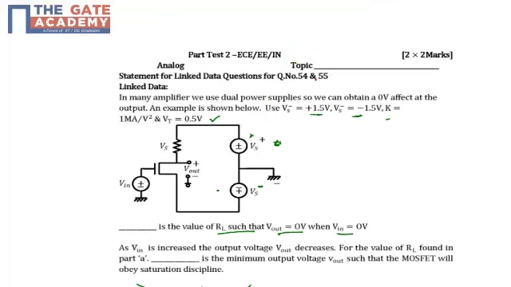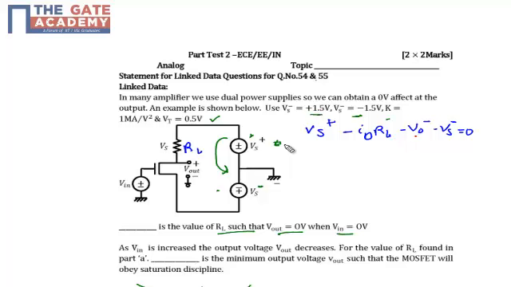Now if I apply KVL at this input loop, I can start from Vs plus. So it will be Vs plus minus ID RL, where RL is the resistance, minus V naught minus Vs minus is equal to 0.